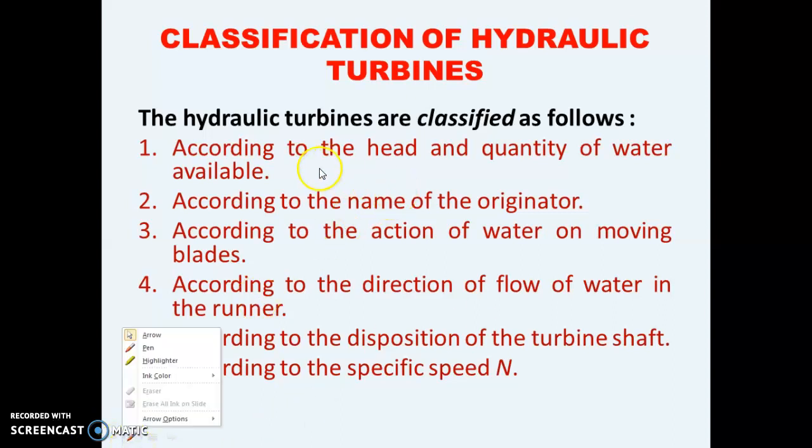First, according to the head and quantity of water available. Second, according to the name of the originator. Third, according to the action of water on blades. Fourth, according to the direction of flow of water. Fifth, according to the disposition of the turbine shaft, and sixth, according to the specific speed.